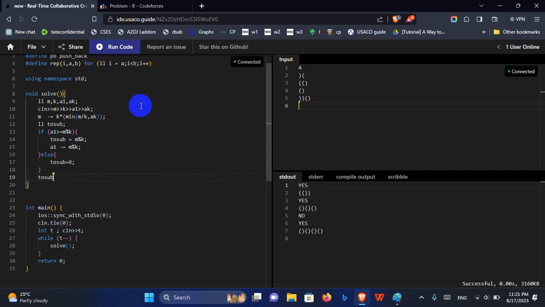So now we will add this a1 divided by k times k to our to sub.